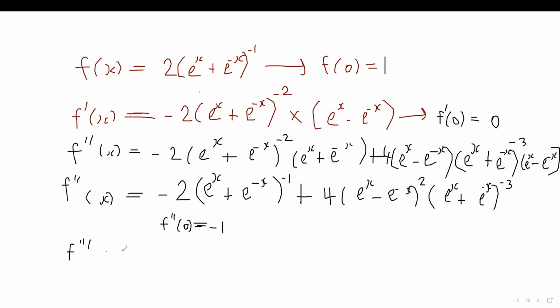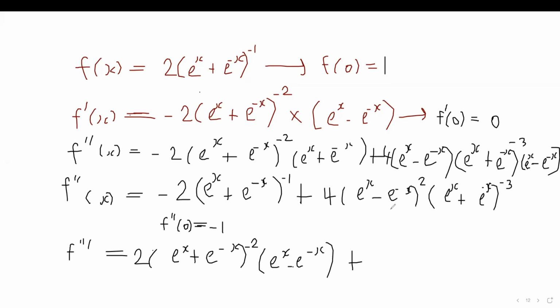f triple prime is equal to, we carry down the power 2, subtract 1 from the power, e to the x plus e to the minus x. Subtract 1 from the power, this is now minus 2 times the derivative in the bracket, which is e to the x minus e to the minus x. Then we have plus over here, so we're going to differentiate this as a product now.